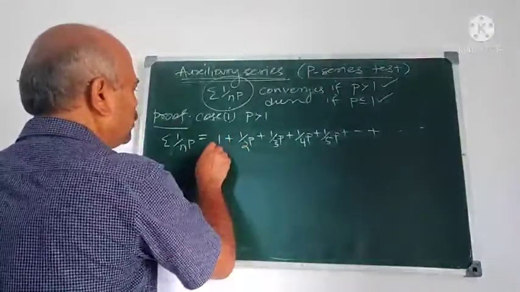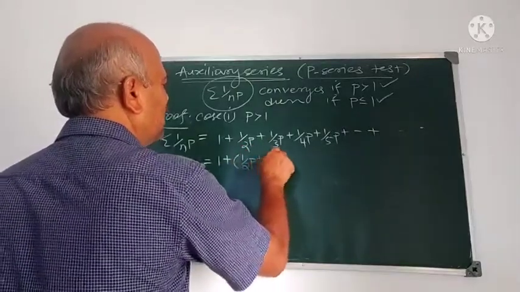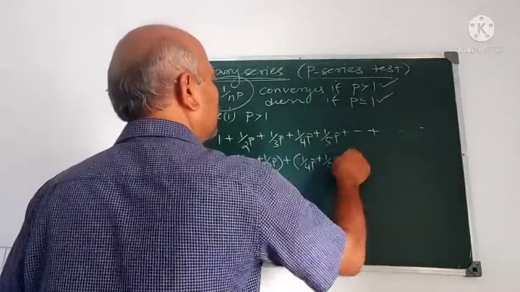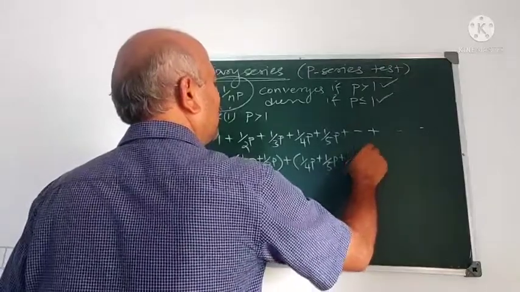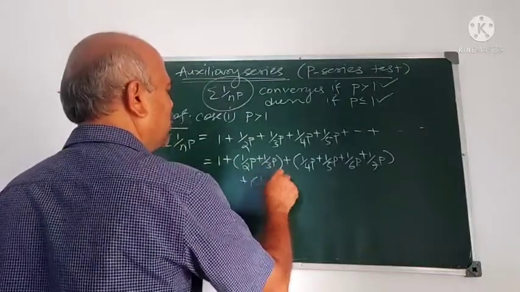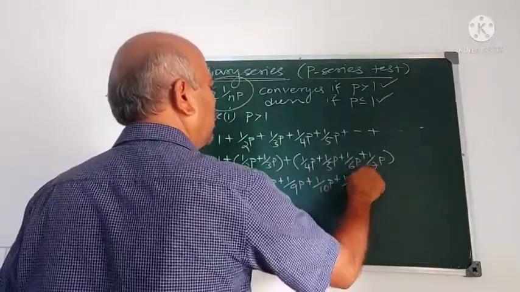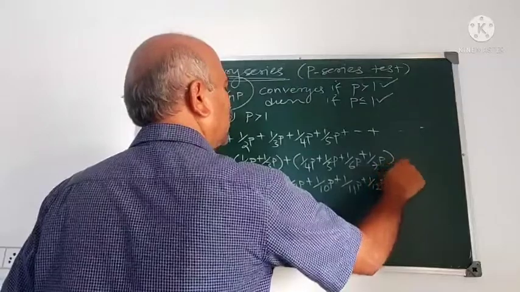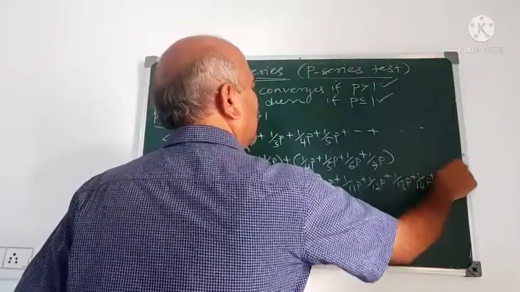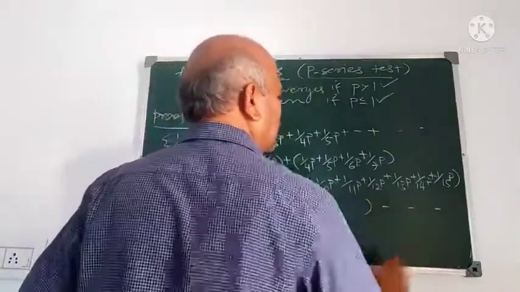Now we group the terms of the series like this: 1 plus 1 upon 2 raised to p plus 1 upon 3 raised to p, plus 1 upon 4 raised to p, 5 raised to p, 6 raised to p, 7 raised to p, plus, next we take 1 upon 8 raised to p, 9 raised to p, 10, 11, 12, 13, 14, plus 15 raised to p, plus 1 upon 16 raised to p, and so on and so on.